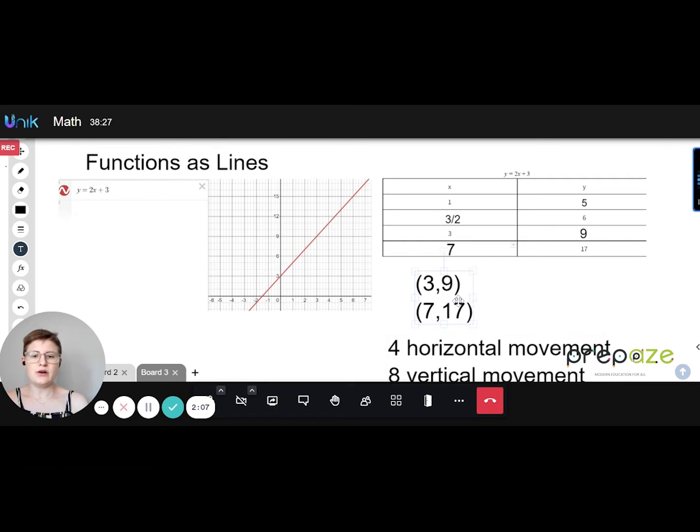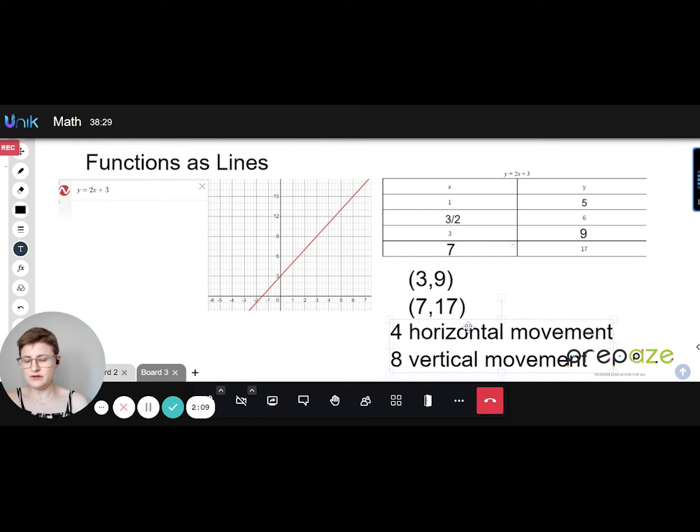Now, like I said before, we express this rate of change as a ratio of the vertical movement to the horizontal movement.